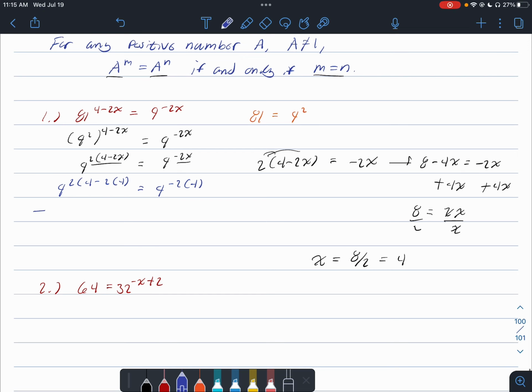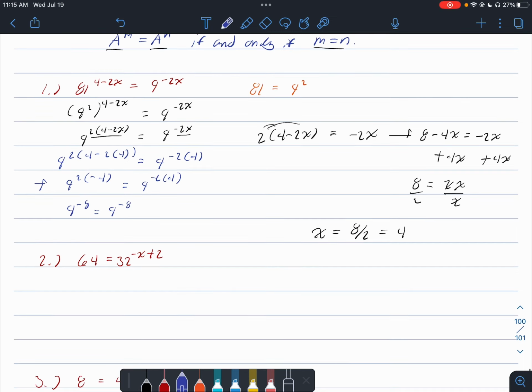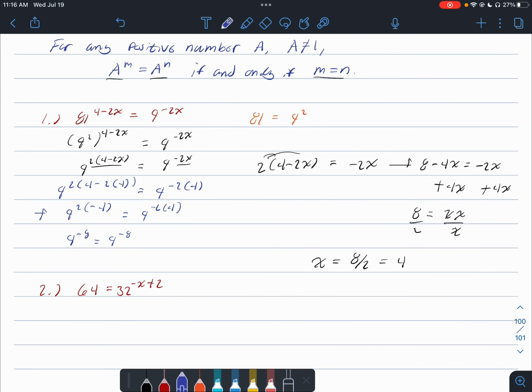Or we get 9 to the 2 times negative 4 is equal to 9 to the negative 2 times 4, or we get 9 to the negative 8 is equal to 9 to the negative 8, right? Which is obvious. Therefore, x is equal to 4 in this situation.